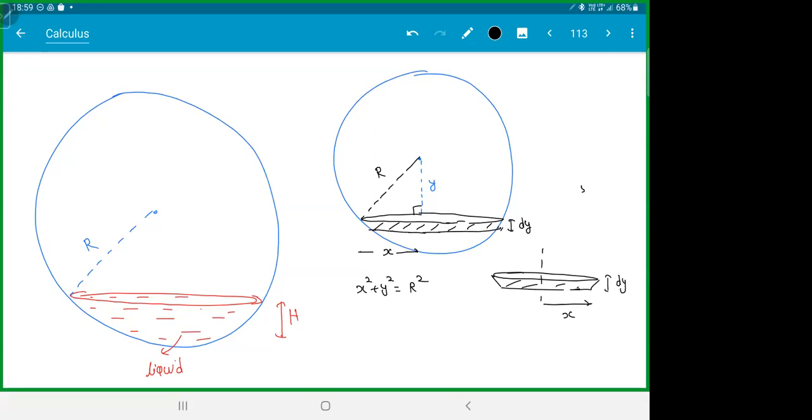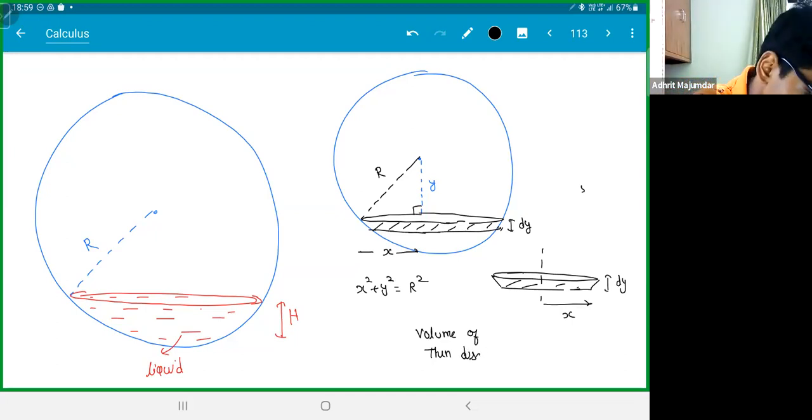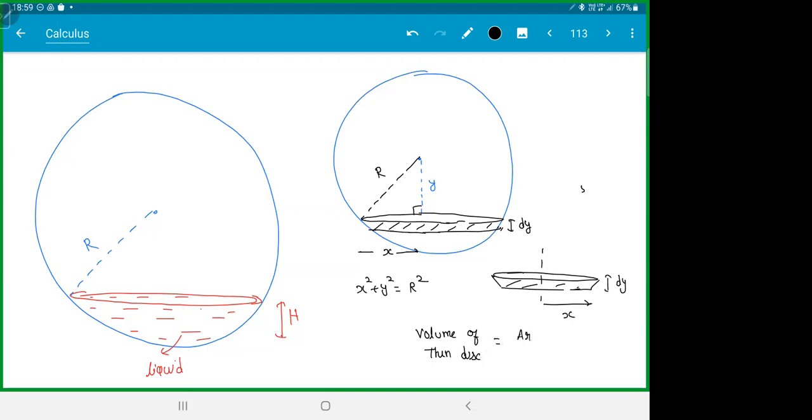What is the volume of this small cylinder? Area into height. Area and the thickness. Thickness or height, same thing. Area will be pi x square into dy. Please check.